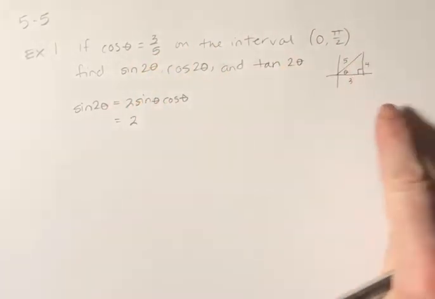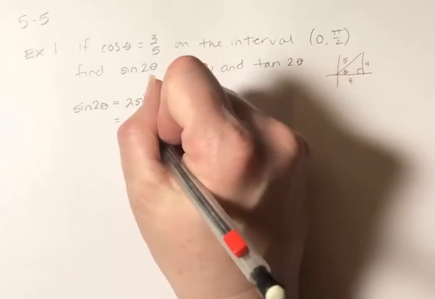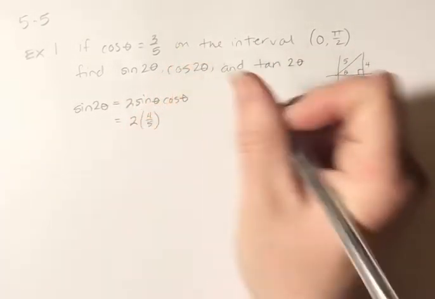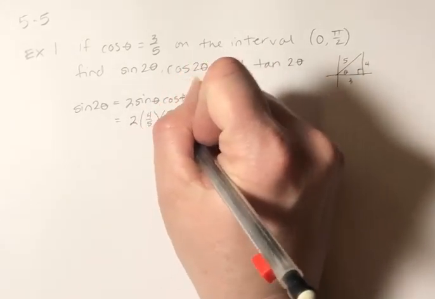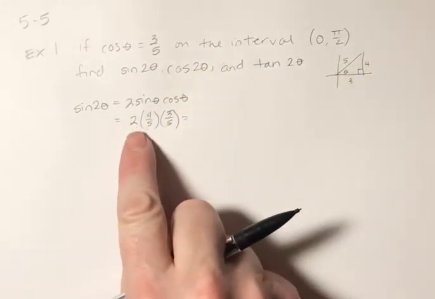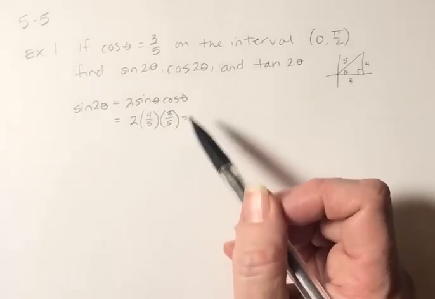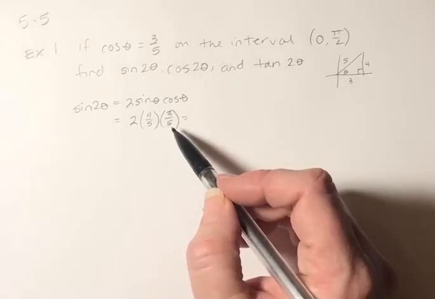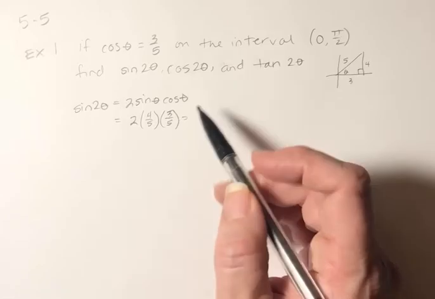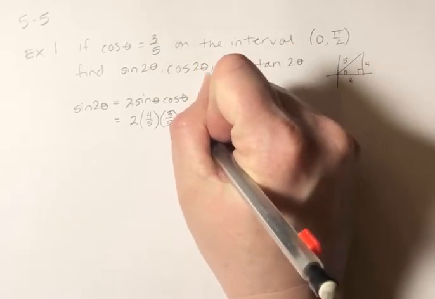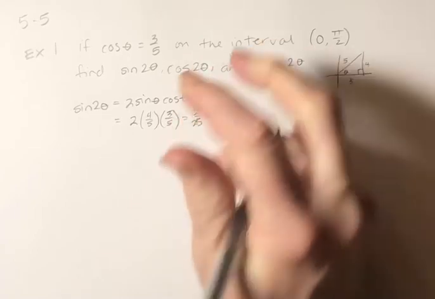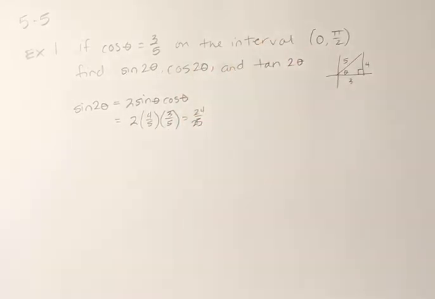So I have the sine of theta is 4/5, and the cosine of theta is 3/5. If you want, plug it in your calculator, but 2 times 4/5 times 3/5 is going to give you 24/5. Excuse me, 24/25. 5 times 5 is 25.